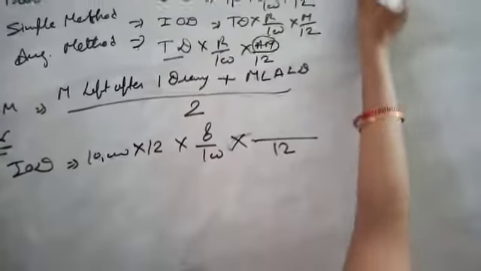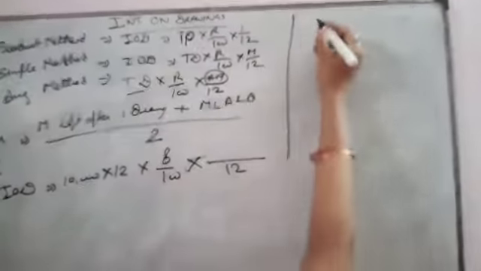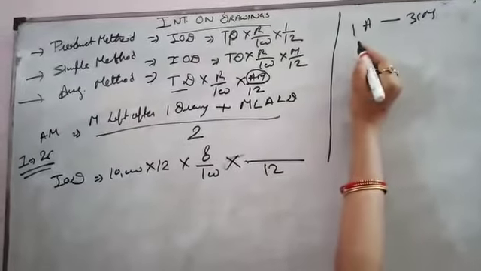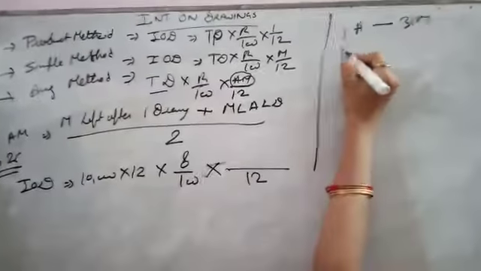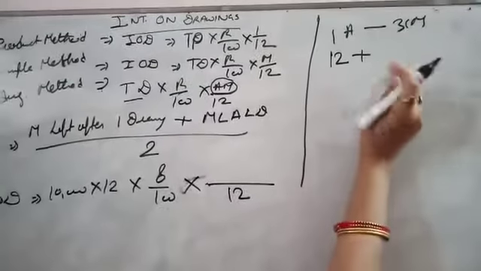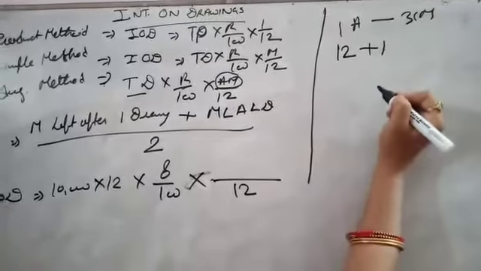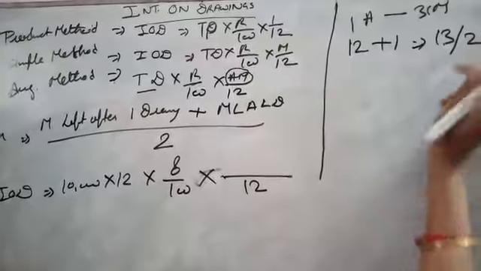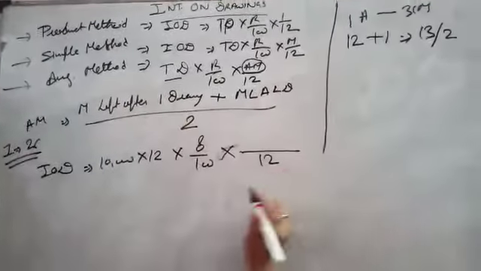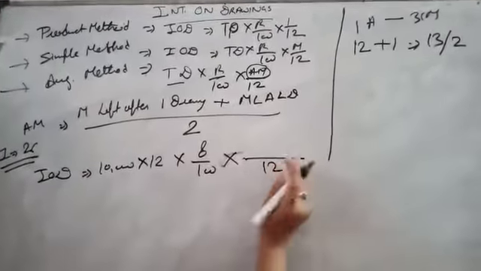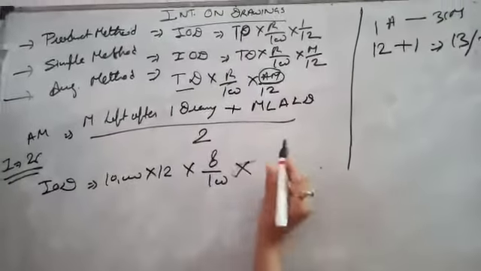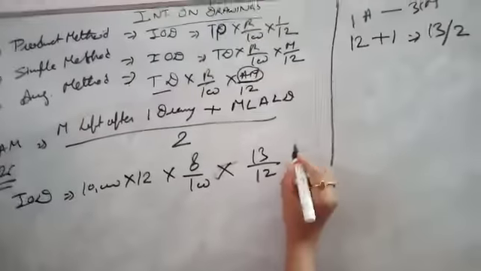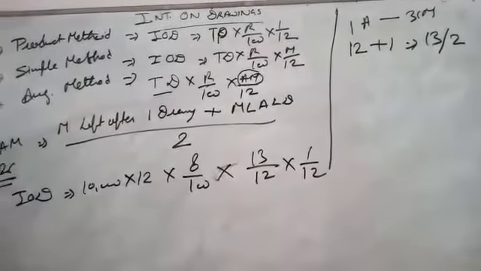Then the average month on the first day of every month: suppose we are taking the year 1st April to 31st March. Then the first drawing will be on 1st April. After 1st April there are 12 months, and the last drawing is 1st March, after which there is 1 month, right? So the total is 13, 13 by 2. This is the formula of the average method, right? So we will calculate total drawing into rate by 100 into average month into 1 by 12. Then you will get the answer.